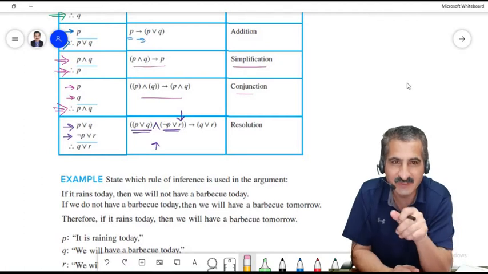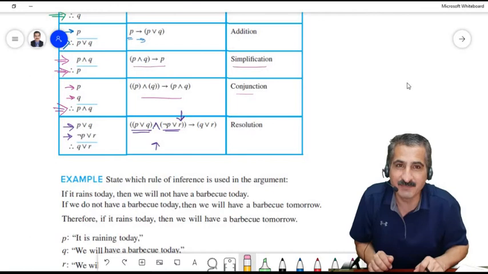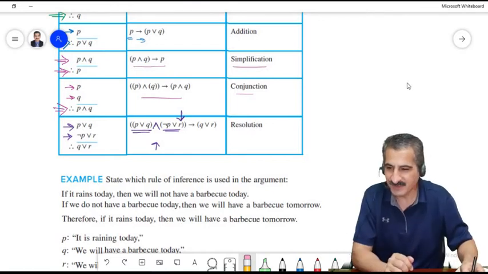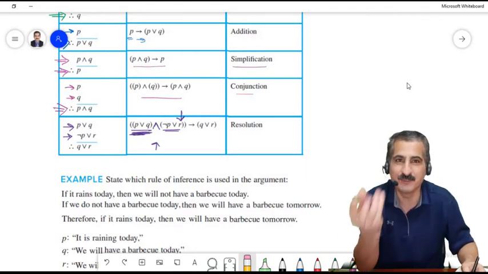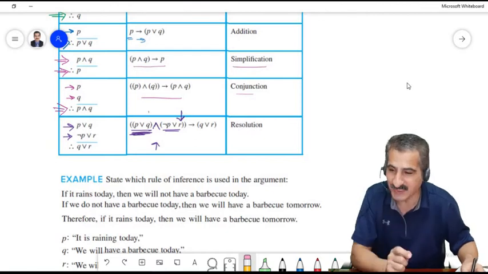Okay? Let us assume now P is not happening. So we go here in this one. P is not happening, but we have either P or Q. And since P is not happening, then Q must be happening. So good. We have the following.